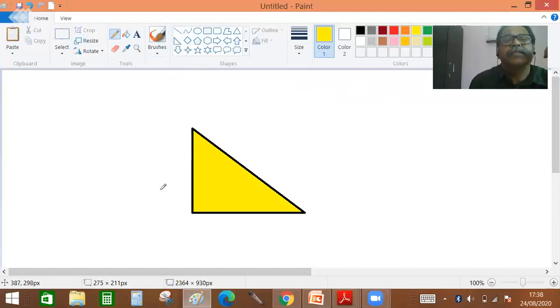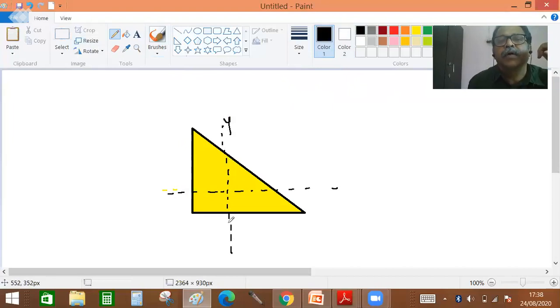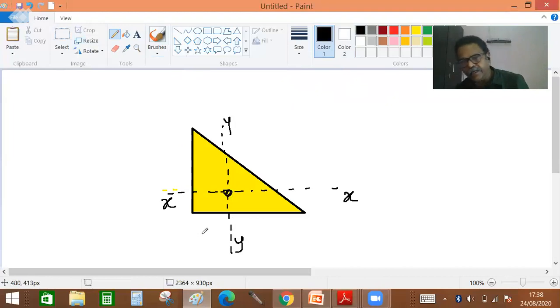If you draw its x axis somewhere here, and the y axis, here it is the center. You know the center of that triangle, isn't it?